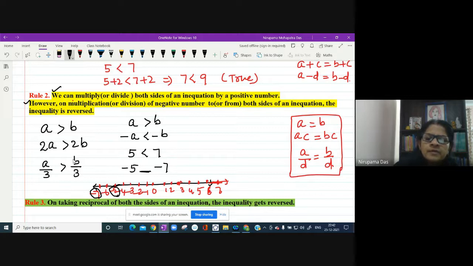What does it mean? On the number line, the greater number is always on the right side, and the smaller number is on the left side. So minus 5 is more than minus 7. So here you see 5 less than 7, and on multiplication by minus 1 to both sides, the inequality is reversed.